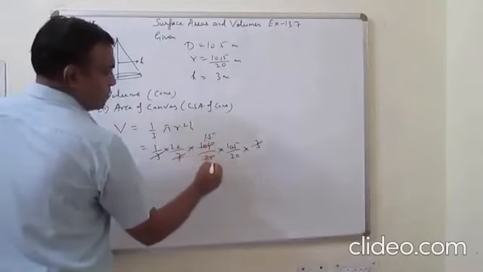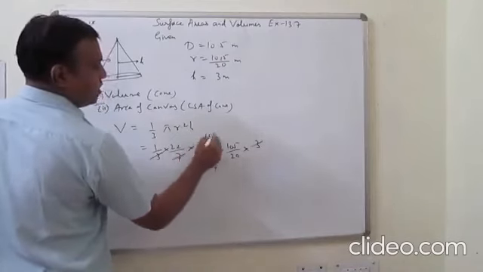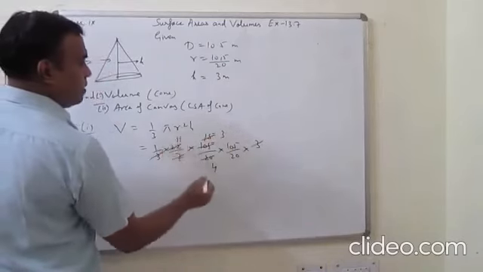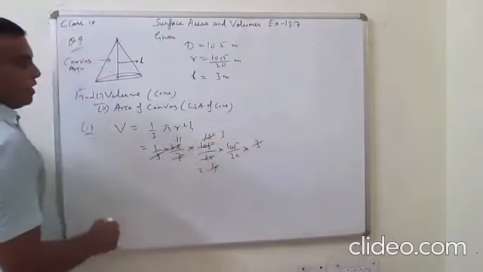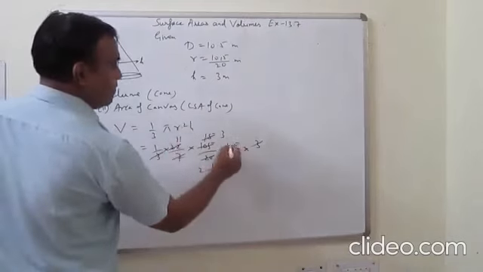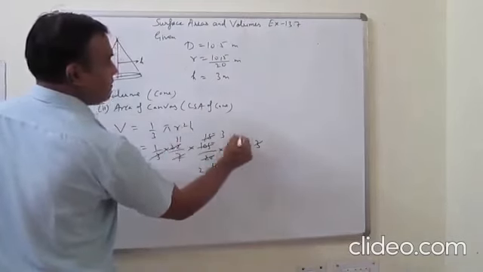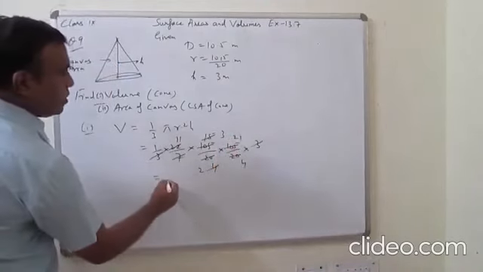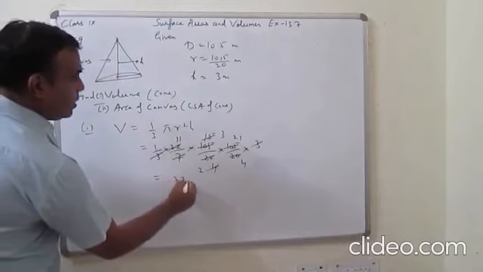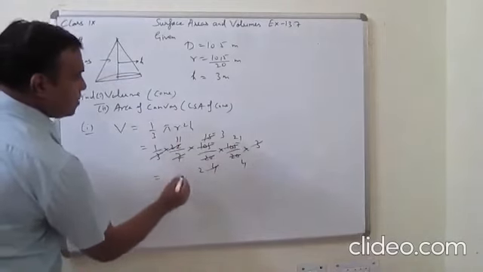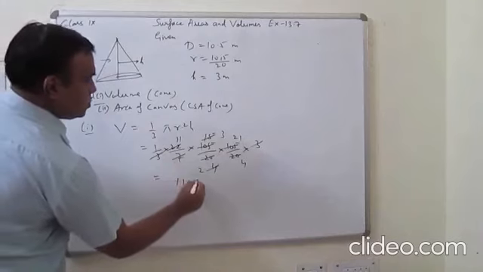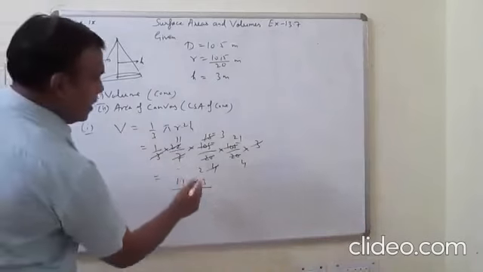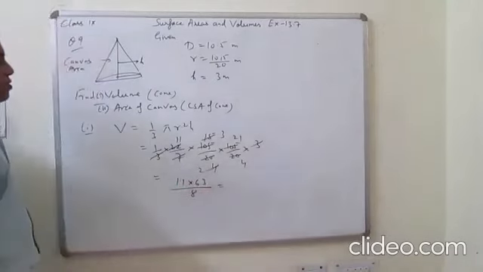Again you will cut with 2 and with 5, so it becomes 11 into 63 upon 8.